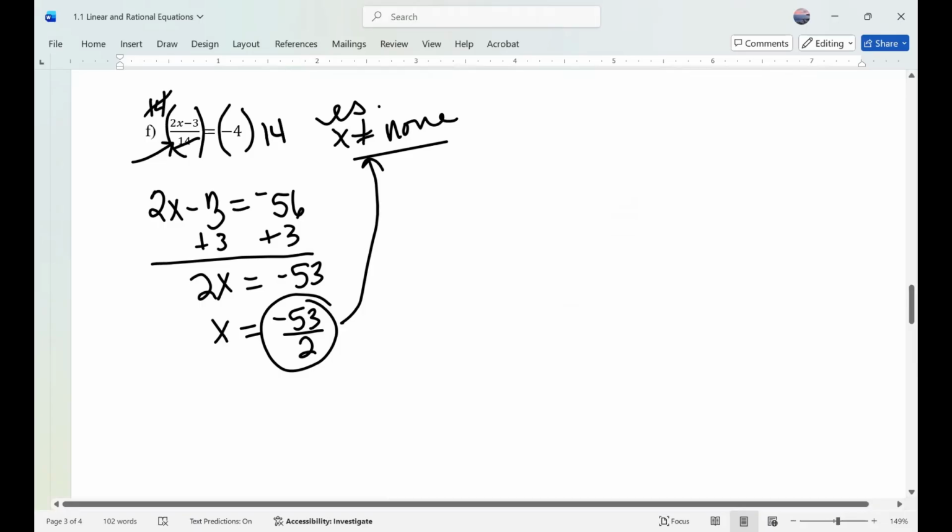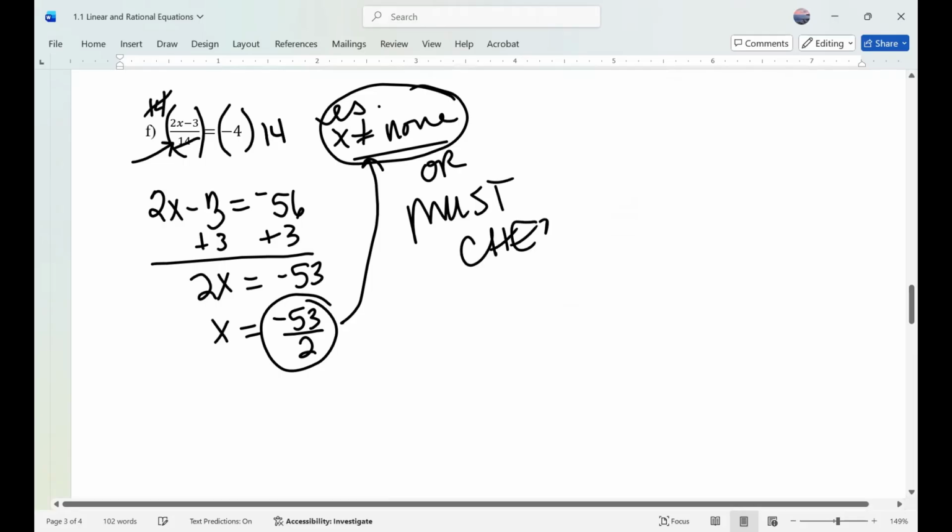And if you look at this, -53 over 2, that's not going to be a nice check to plug back in. So make sure that you list your extraneous down. And again, if you don't, then you must check in the original, so it's not an easy feat.